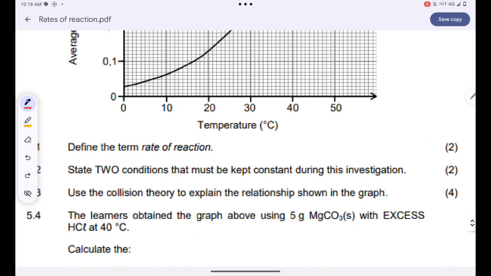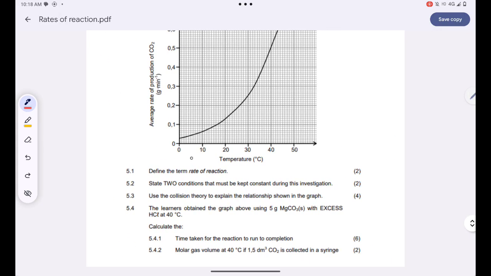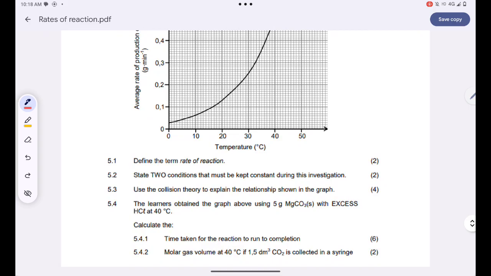Now we must use collision theory to explain the relationship shown in the graph. According to the graph, an increase in temperature increases the reaction rate. According to collision theory, whenever you increase temperature, the average kinetic energy of particles will increase, such that the average kinetic energy of particles will be greater than the activation energy.